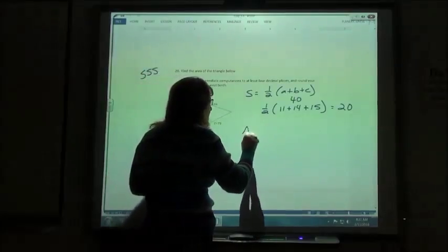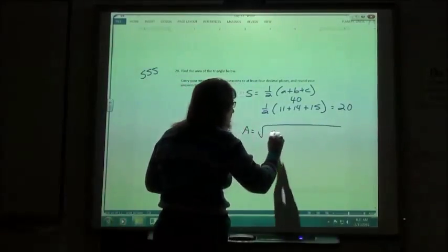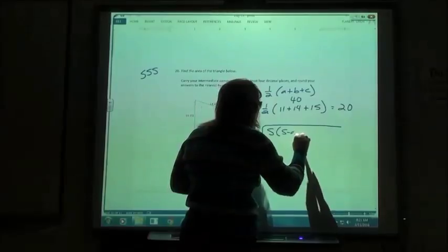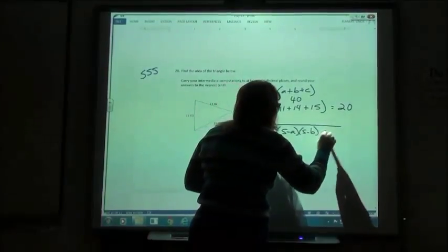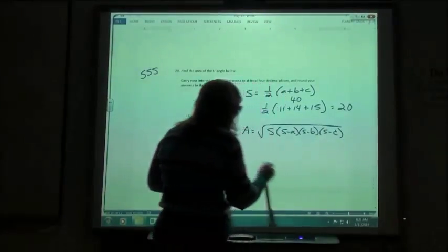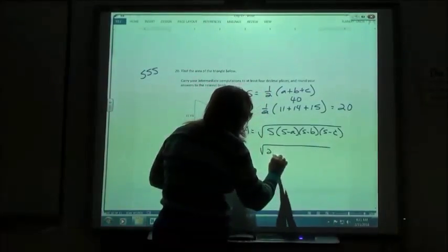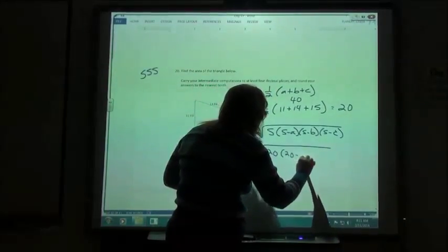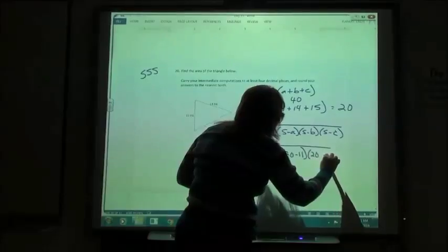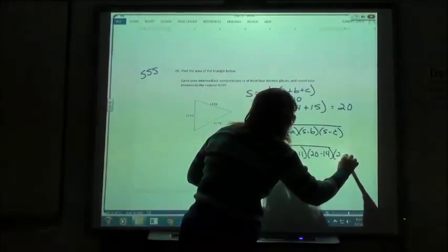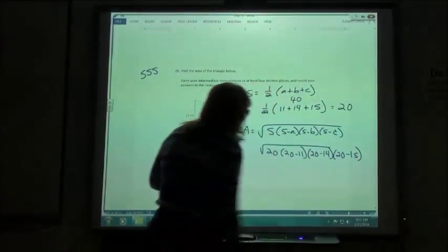Then I'm going to find the area by taking the square root of S times S minus A, S minus B, and S minus C. So I'm going to do the square root of 20, 20 minus 11, 20 minus 14, and 20 minus 15.